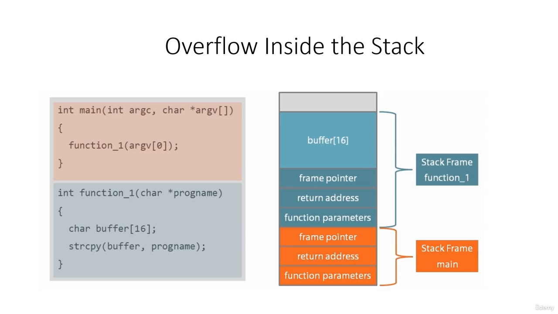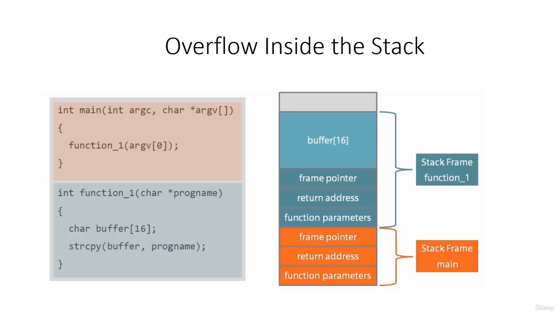What we see here is the main function calling function 1 and passing to it the name of the program, which is stored in argument vector 0, as the parameter to function 1. This value is given the function parameter name, program, in function 1, and then function 1 declares a character array of 16 characters, or bytes, in length.